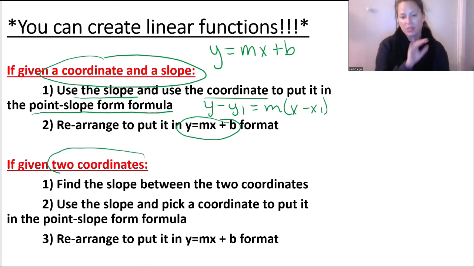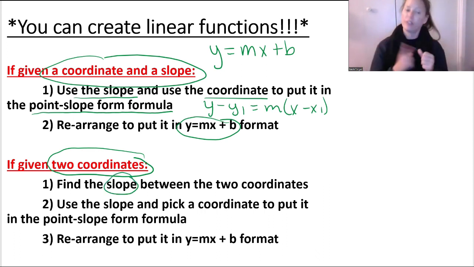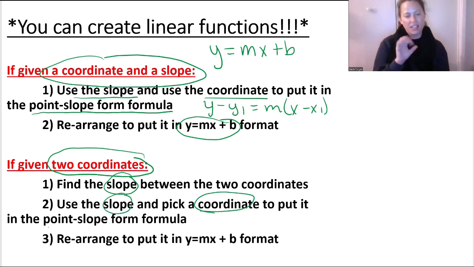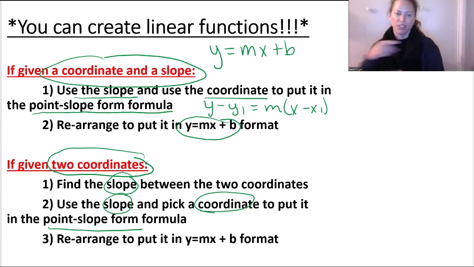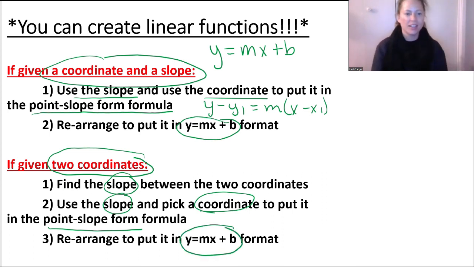If we give you two coordinates and ask you to create the line, find the slope first, then use the slope and pick one of the points to put in the point slope formula to turn it into the equation of a line. And that's what we did today.